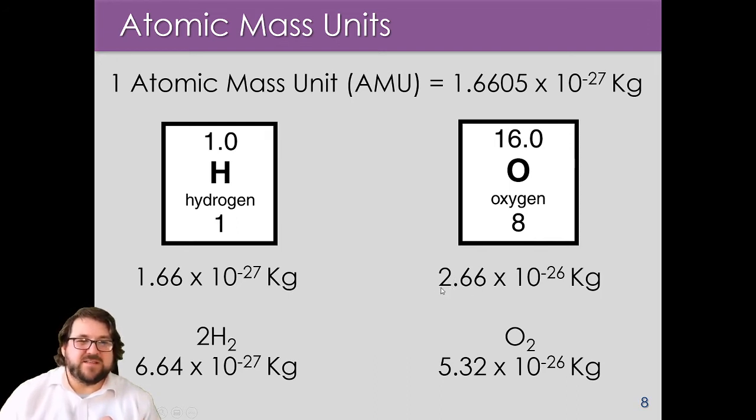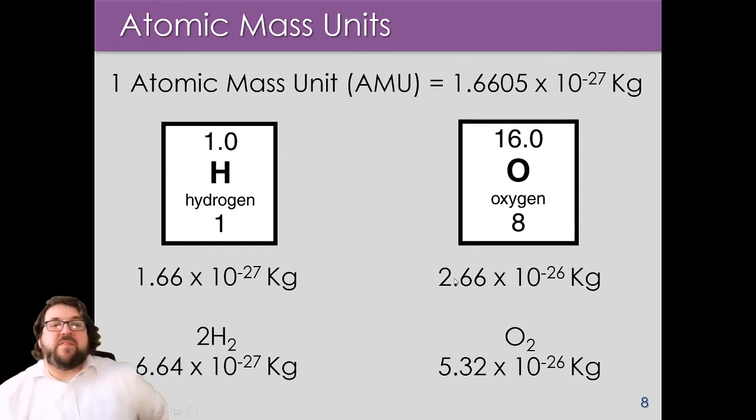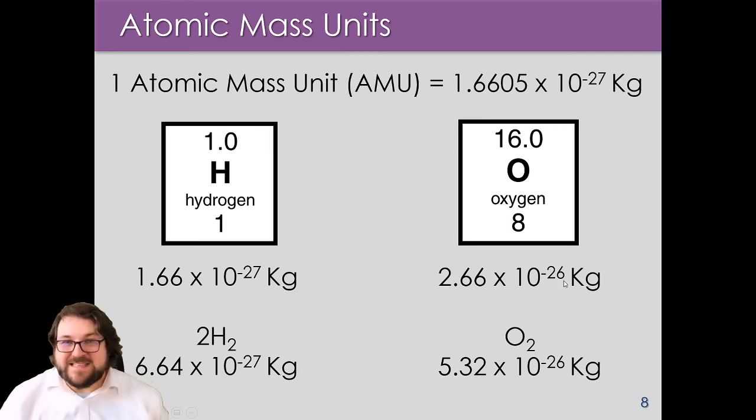So what's that? 5.32 times 10 to the minus 26 kilograms of oxygen. You can see that that's going to be almost impossible. I did that maths in my head even though it was already on the slide. So clearly that's not going to be possible.